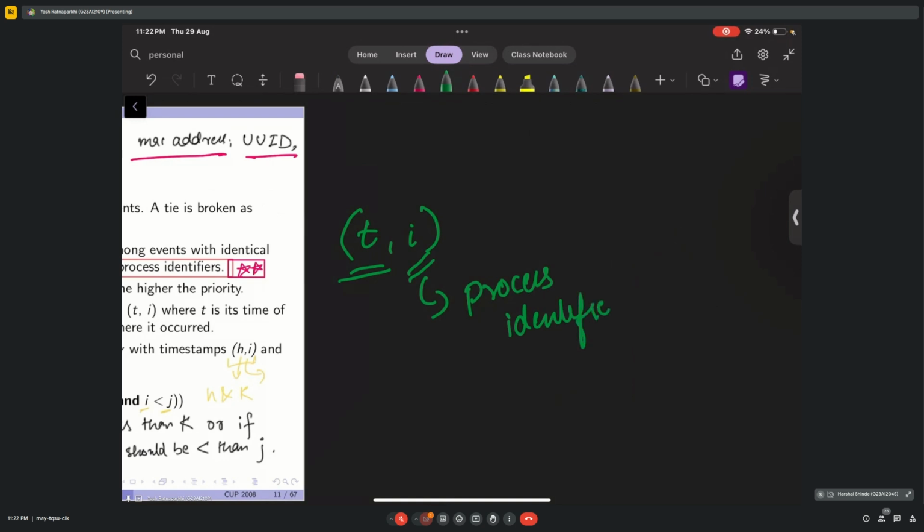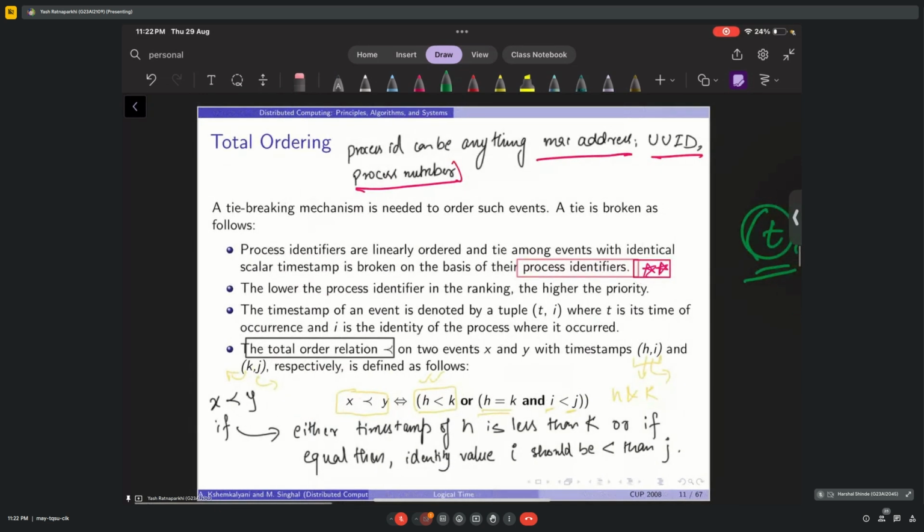Because if my t is different, then take t into consideration for giving priority. But if t is the same, go with i. Check the identifying value, whether it is greater than or less than, and then make a judgment to whom the priority should be given. So this timestamp is denoted by a tuple (t, i), where t is the time of the event occurrence and i is the identity of the process where it occurred.